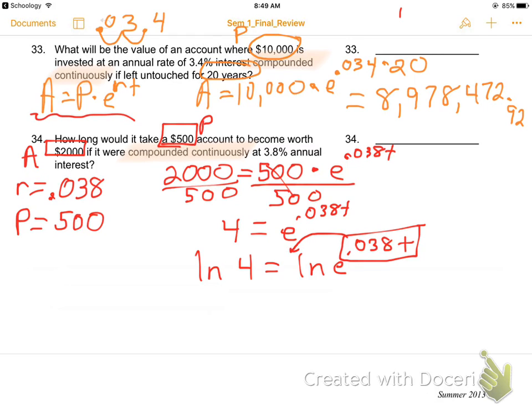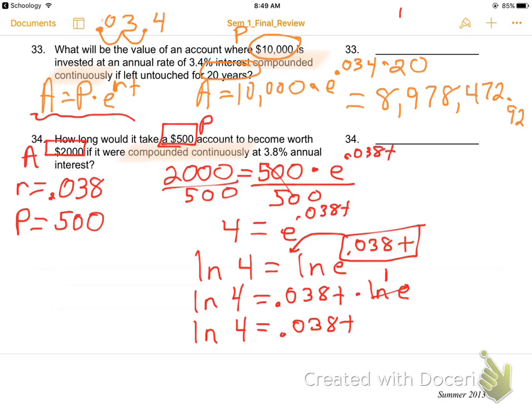Remember, when you take the log or natural log of something and it's raised to a power, that whole thing comes out front. So now I have the natural log of 4 equals 0.038T times the natural log of E. Whether you remember this or need to put it in your calculator, the natural log of E is simply 1. The natural log of E is always 1. So I'm left with the natural log of 4 equals 0.038T.